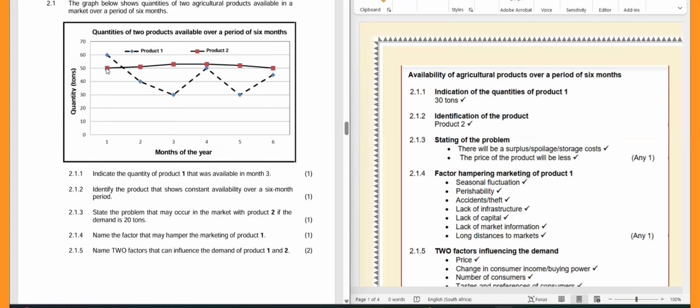So apparently the quantity demanded will be somewhere here, which is 20 tons. 20 tons is here, and we can see where product 2 stays up here in the 50s. Okay, so 50 minus 20, because the quantity supplied is 50 tons.